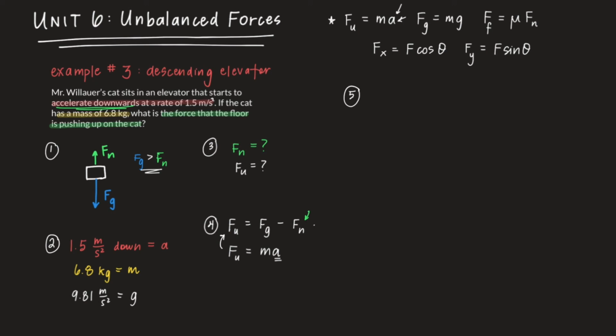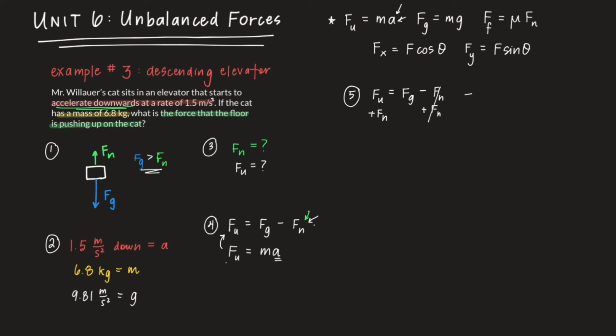Step 5, if you take a look at this top equation here in step 4, I'm going to have to rearrange it to find what my normal force is. And that's just some simple algebra subtracting over to other sides. So Fu is equal to Fg minus Fn. If I want to get Fn by itself and I want it to be positive, as usual, then I'm going to add Fn to both sides because I want to get rid of that negative.